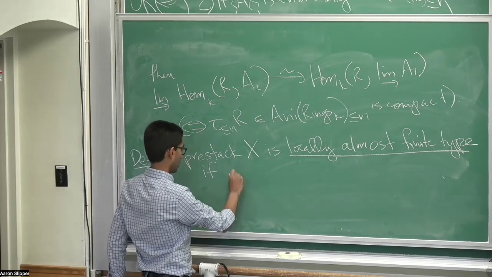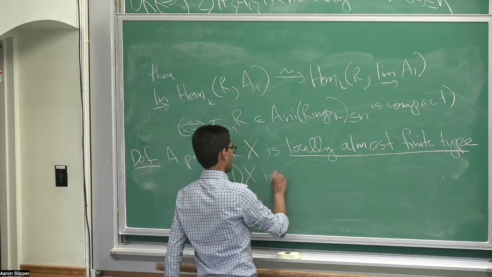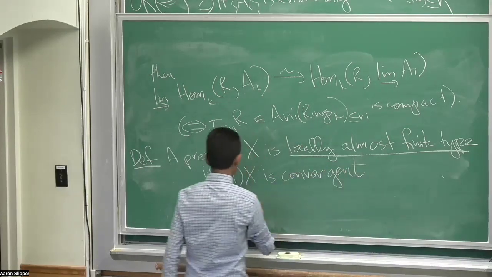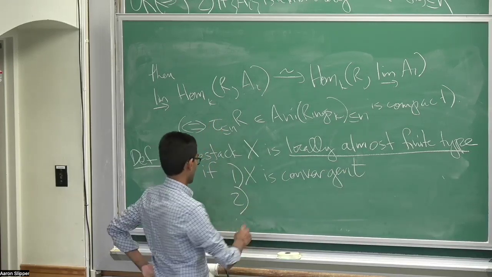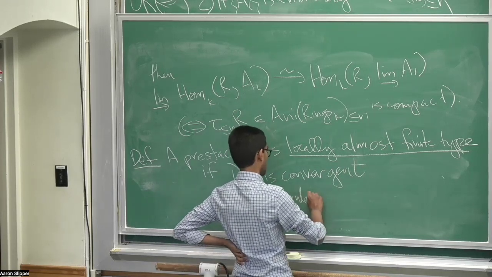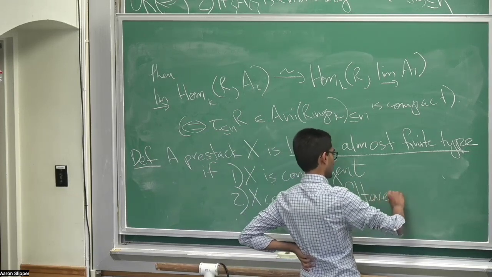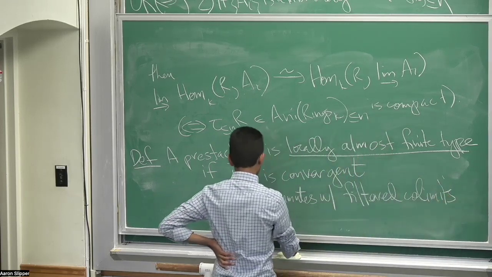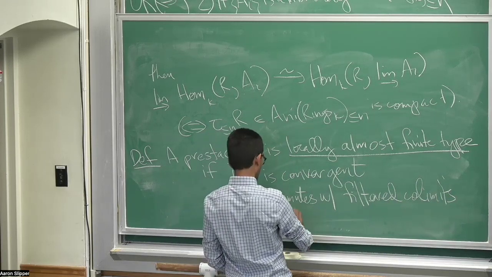Okay, so first of all, X is convergent, that's what it's written. And two is that it has this property: X commutes with filtered colimits of animated rings where everything is uniformly n-truncated.